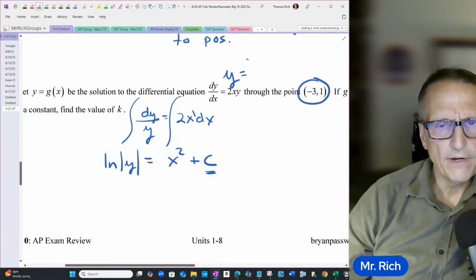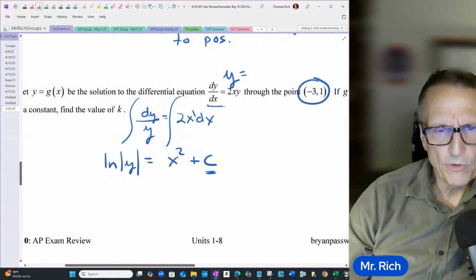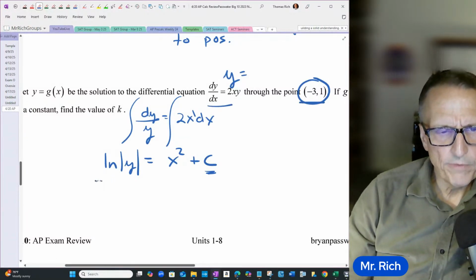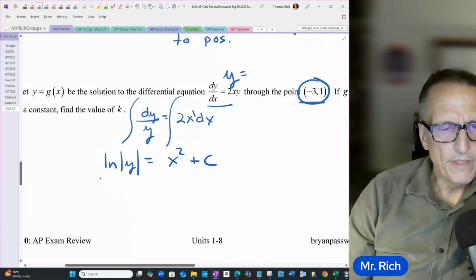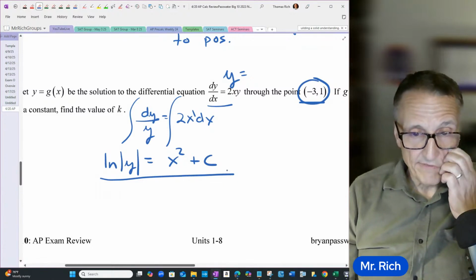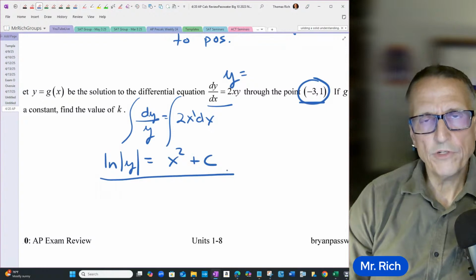They're telling me that they want me to find the specific solution that passes through this point. We haven't really solved the equation for y yet, but when we ultimately solve that for y and we leave the c there, that's what we call a general solution to the differential equation.